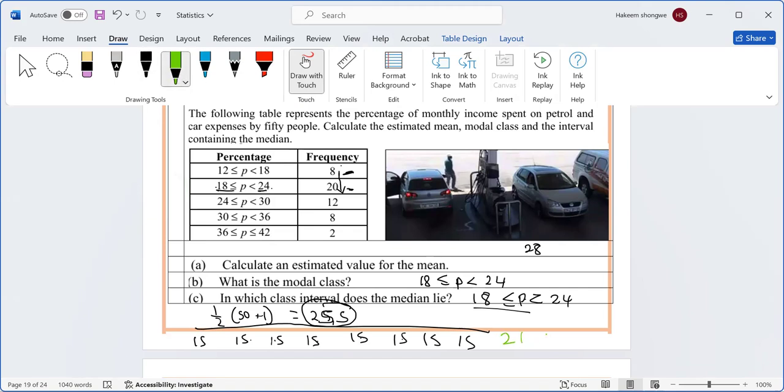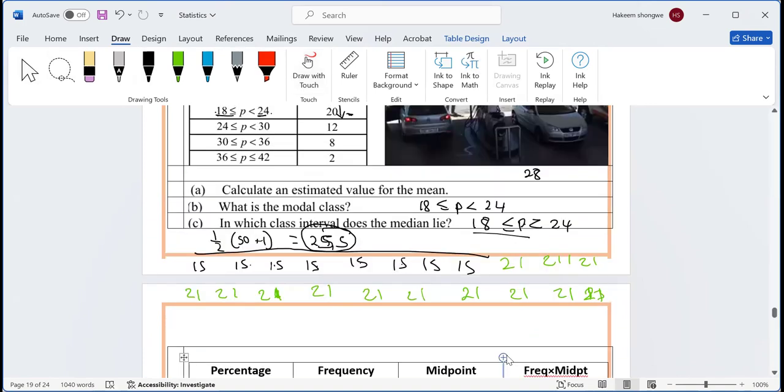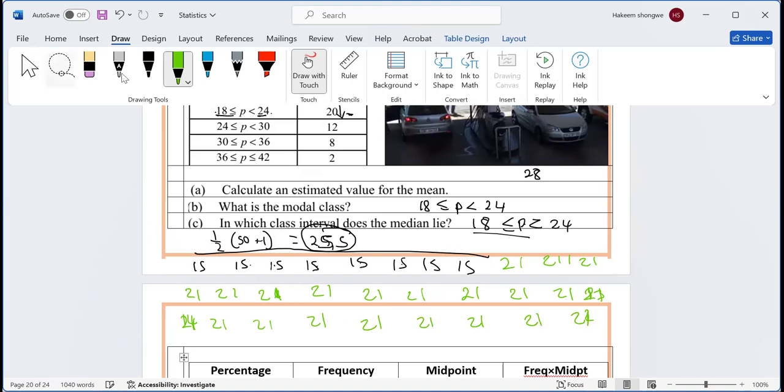How many times do we do 21? 21, 21, 21, and counting up to 20. Okay, we wanted 20, all of them.